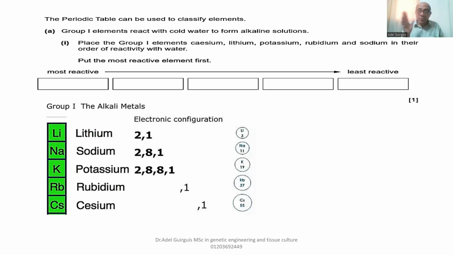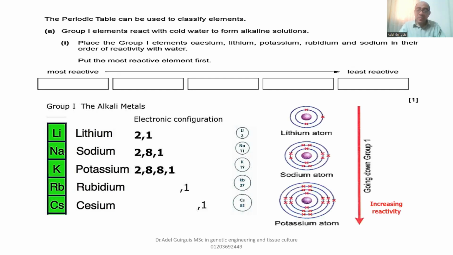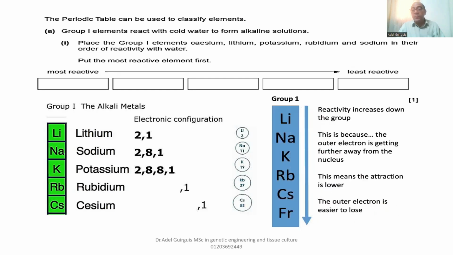Sodium 11, 2,8,1, potassium 19, 2,8,8,1, rubidium ends with 1, cesium also ends with 1. What about the atomic size as we go down the group? The atomic size becomes bigger because the number of shells increases. What about the electron in the outermost shell? It becomes further away from the positive nucleus. So reactivity increases down the group.